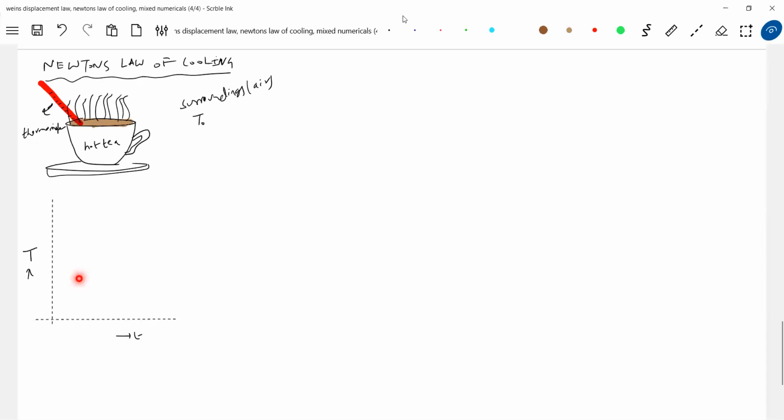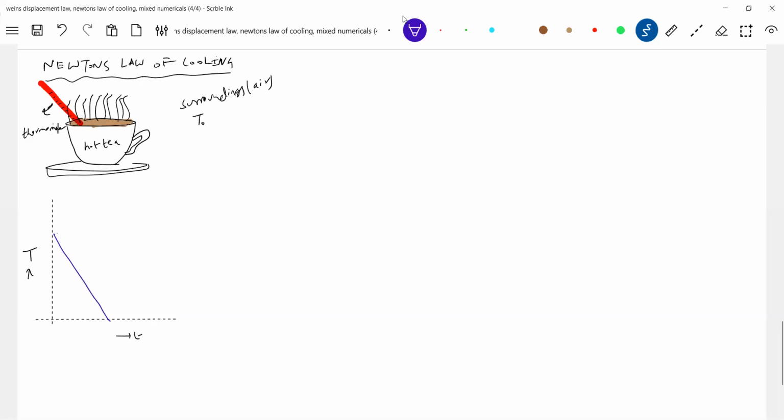It's very simple, no? Just take the tea and put a thermometer, and for every 10 seconds, note down the temperature of the thermometer and plot it. Anybody, can you expect the graph? Now students may analyze, no? The graph may be like this, says one student.